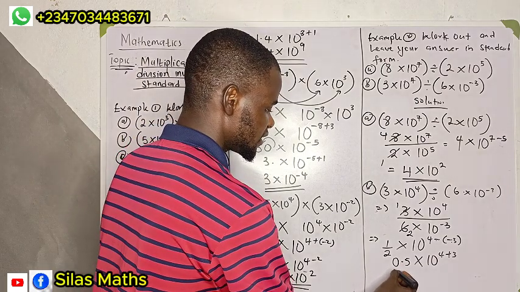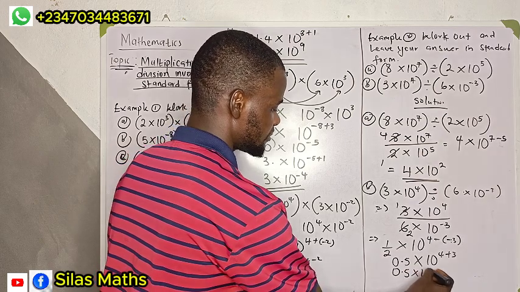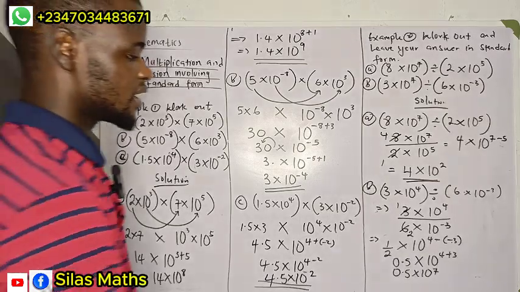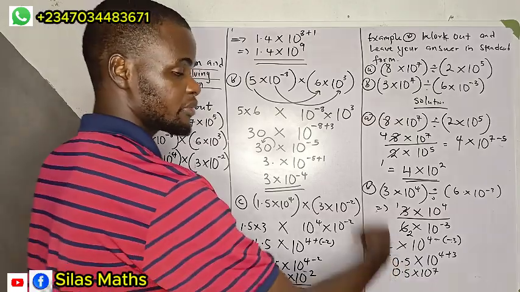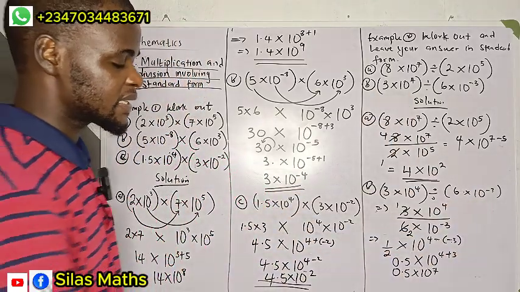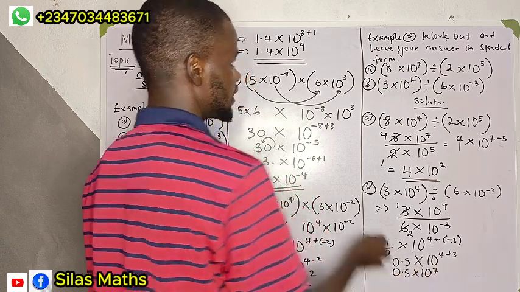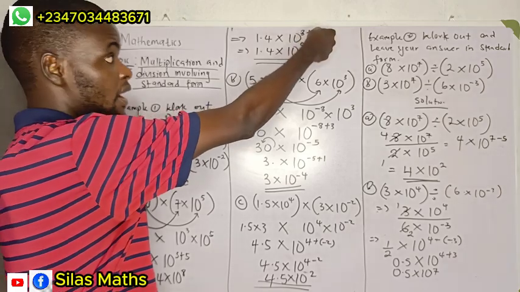And that will give me 0.5 times 10 to the power of 7. But something needs to happen here. This number is not actually basically in standard form, so we need to shift the point forward. And in this case, if I shift the point forward, I'm going to do what to the power? Remember, when we are moving the point backward, we added 1 to the power, right?